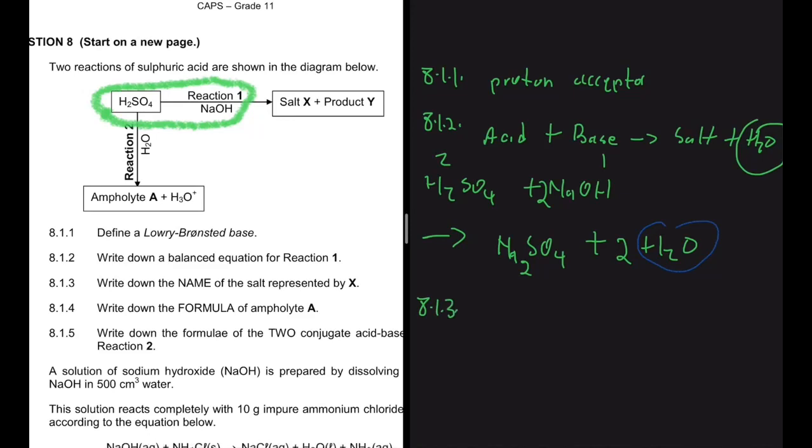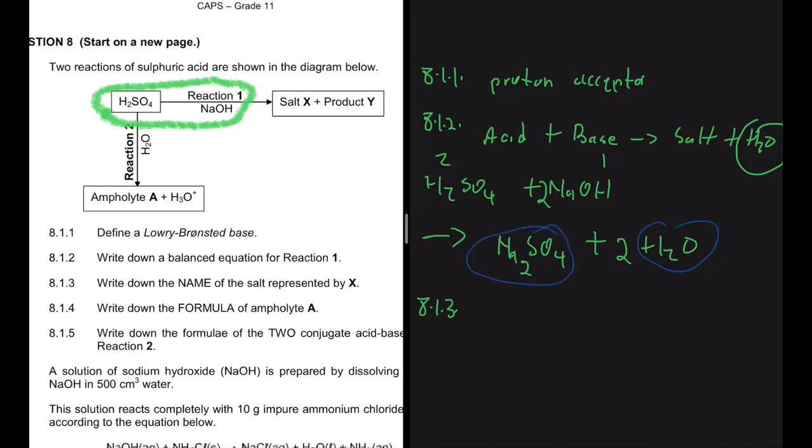But for the most part, there are only a few reactions you're going to be examined on, right? So just go to your exam guideline, go through past exam papers, and memorize all the reactions that you see. And then 8.1.3 says write down the name of the salt represented by X. The salt represented by X is Na2SO4.